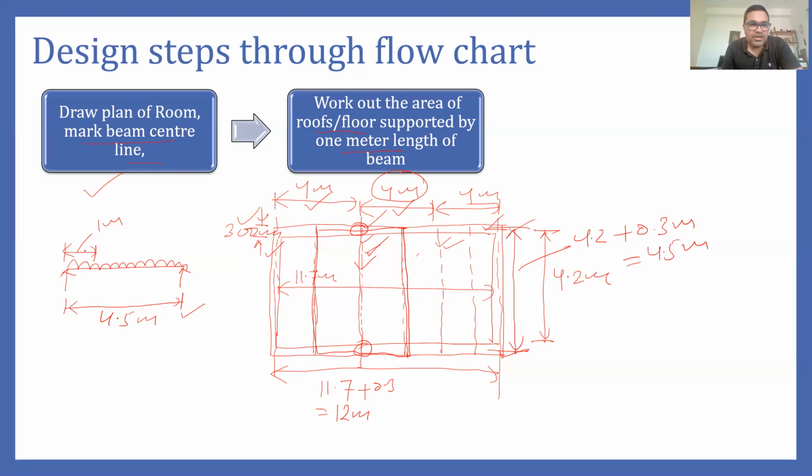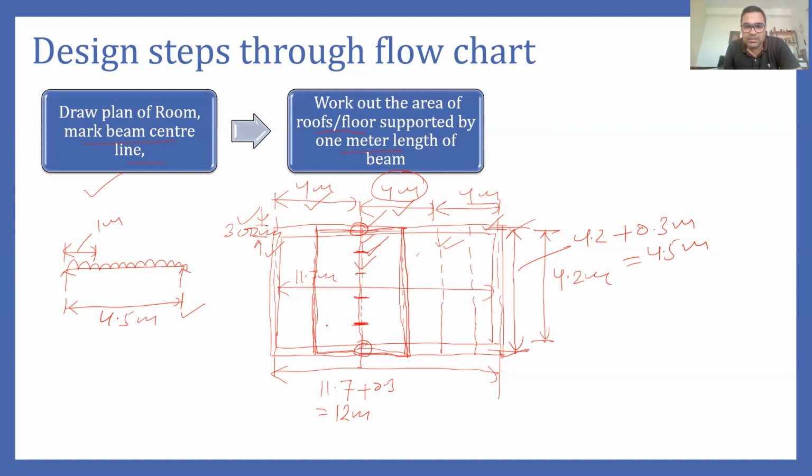Now, per meter length, how much load is it carrying? As we can see, this whole part is supporting on the whole beam. So 1 meter length of the beam will be marked here, then 2 meter length will be marked here, 3 meter, 4 meter, and 4.5 meter. So the 1 meter mark is there.